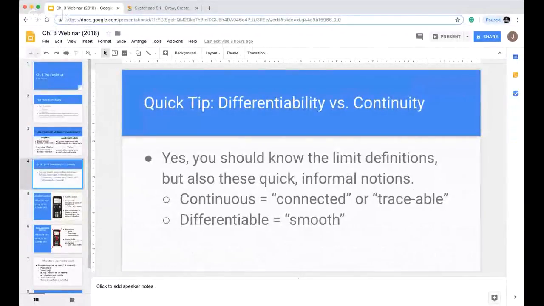I'm just going to double check. Yes, everything is working. Okay, hang on one second. Are you able to see when the slides change? Just tell me if you can see that the slides changed. You can type right in the chat box.